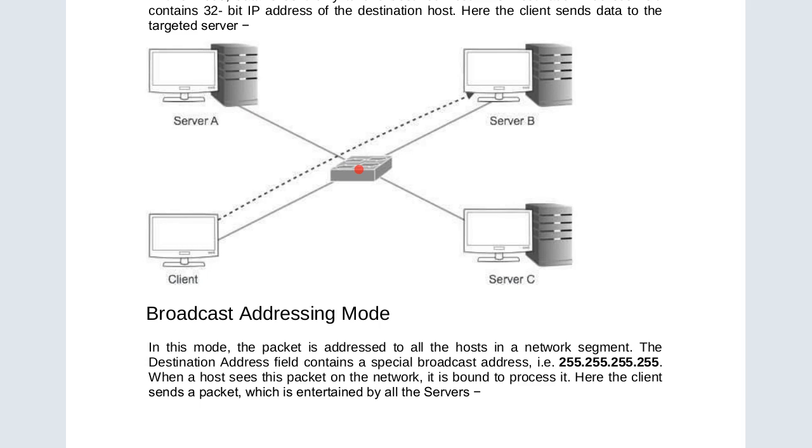Now I want to give an example of a circumstance in which you would find one machine sending a message to all the other machines in the network. One very good example is a network where the machines or hosts usually get an IP address from a server.